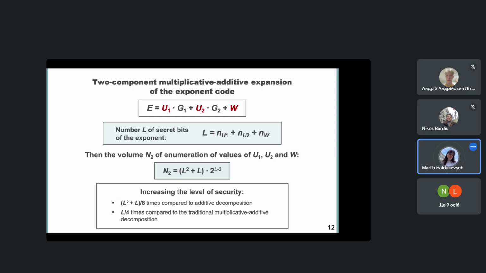For example, for L equals 120, the value of N2 equals 1815 multiplied by 2 to the power of 120, while for the traditional multiplicative additive decomposition of the exponent, the volume of search N1 equals 60.5 multiplied by 2 to the power of 120, and for the usual additive decomposition, it is 2 to the power of 120.